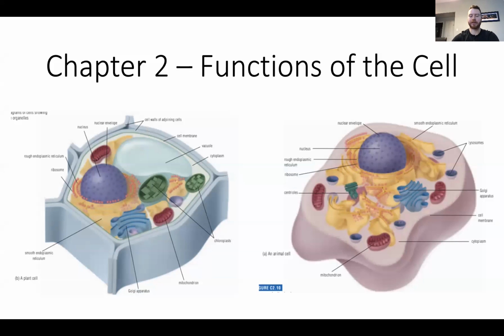So this first image that we're looking at right now, the one on the left is a plant cell, and the one on the right is an animal cell. Take a minute to inspect each image and look for similarities and differences between the two cells.